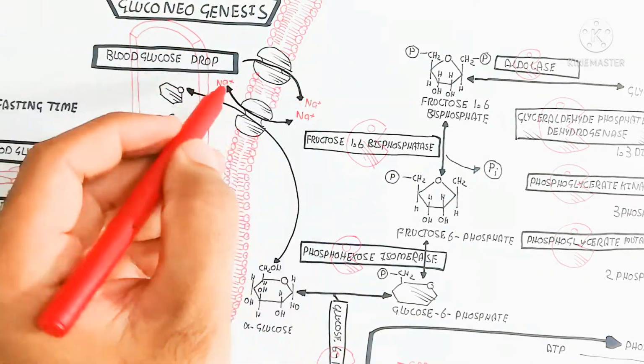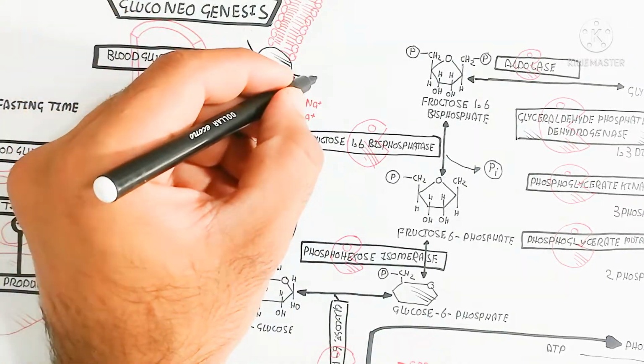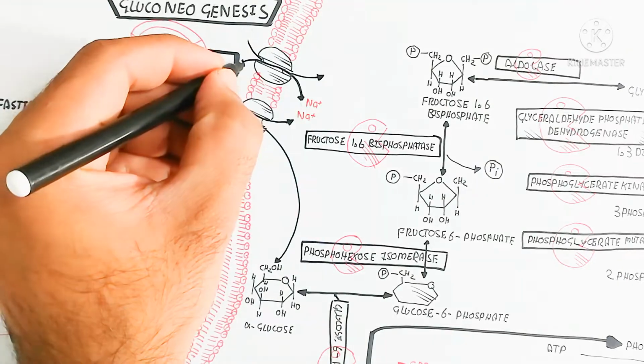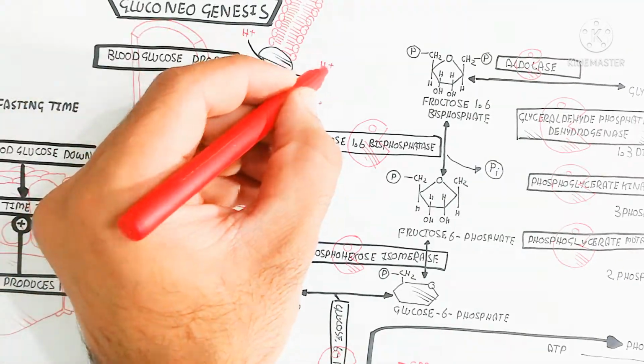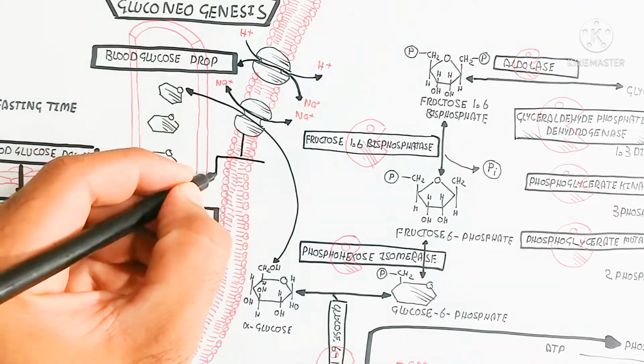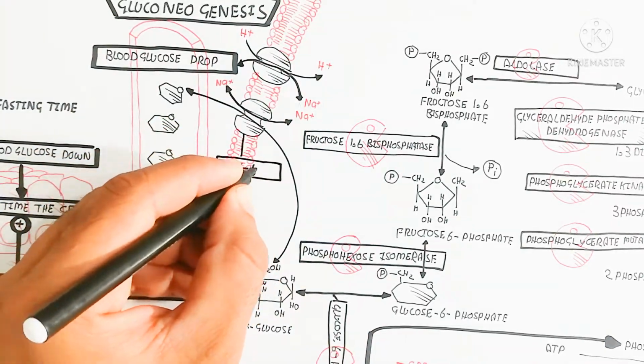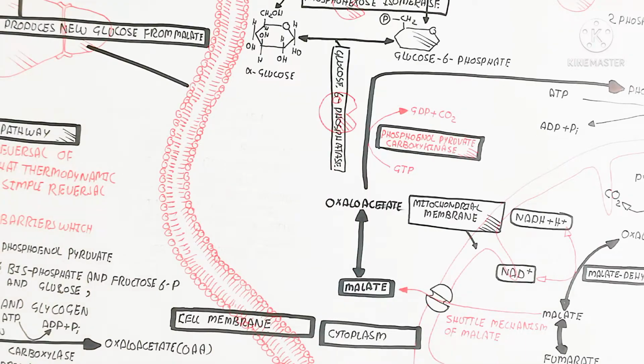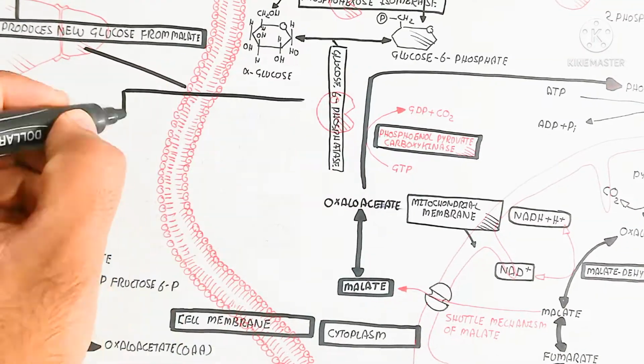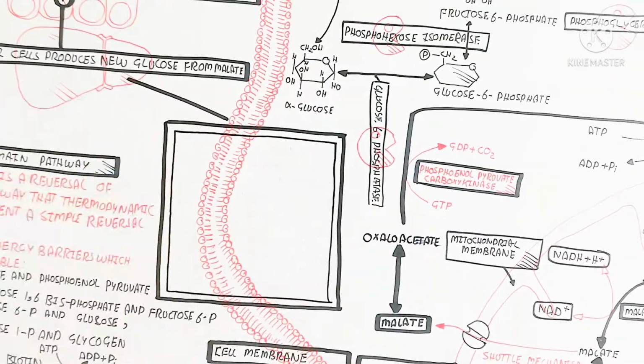So one sodium is required to move, that is the symport transport, which will move out with one glucose molecule. So the sodium is the extracellular cation, so it will be removed back through a proton exchange. So the GLUT4 channel is used and required for this mechanism.